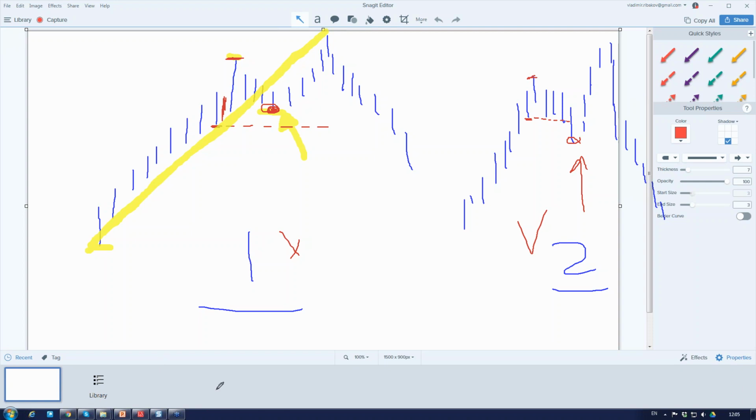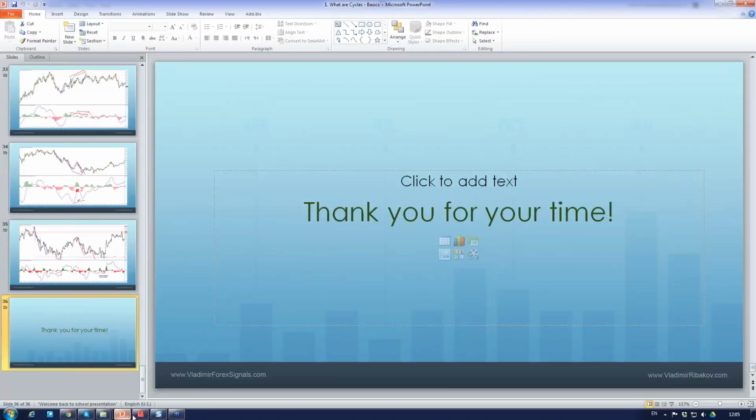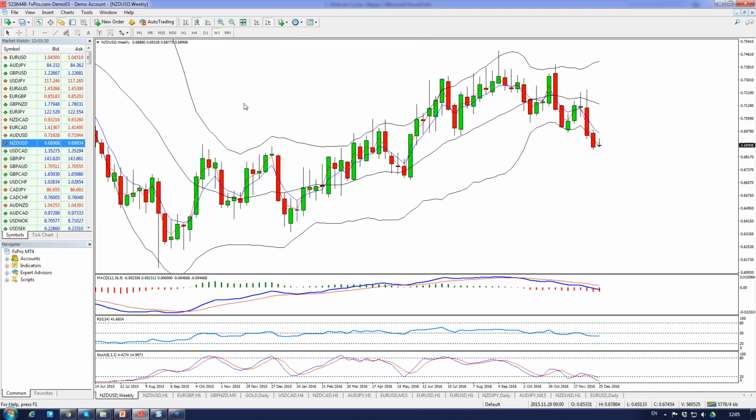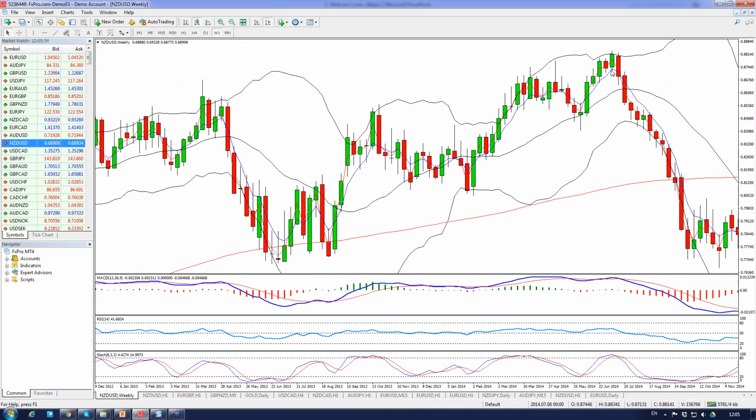Let me show you an example. Here, what are the last two candles creating higher highs, higher lows? The red and the green, or the two greens?